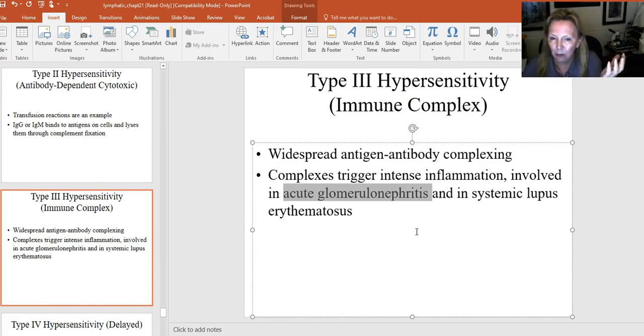You have this, like with lupus and with type 1 diabetes, you've had a mild virus that probably didn't even cause you to be very sick, but you had it and you made antibodies to it, and those antibodies cross-reacted with your own tissues. In lupus, it's going to be against your connective tissues. In type 1 diabetes, it's going to be against those beta islet cells of the pancreas.